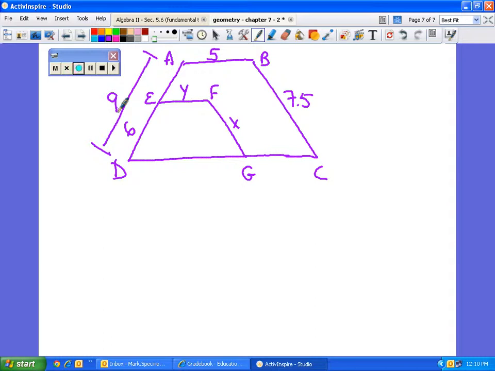Okay, so we are told that ABCD is similar to EFGD. What we want to know is, what is X?